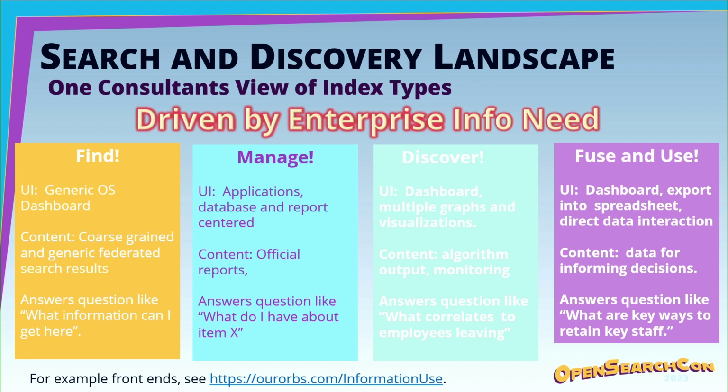So even a moderate-sized enterprise, but certainly a Fortune 500, will have dozens of different data reports. A lot of times it's managed in Excel. They've moved to accounting systems, but none of that information is there; it is mostly dark. So this will answer questions like, what do I have about item X? How much money did I spend on X? But it's not fused to anything else.